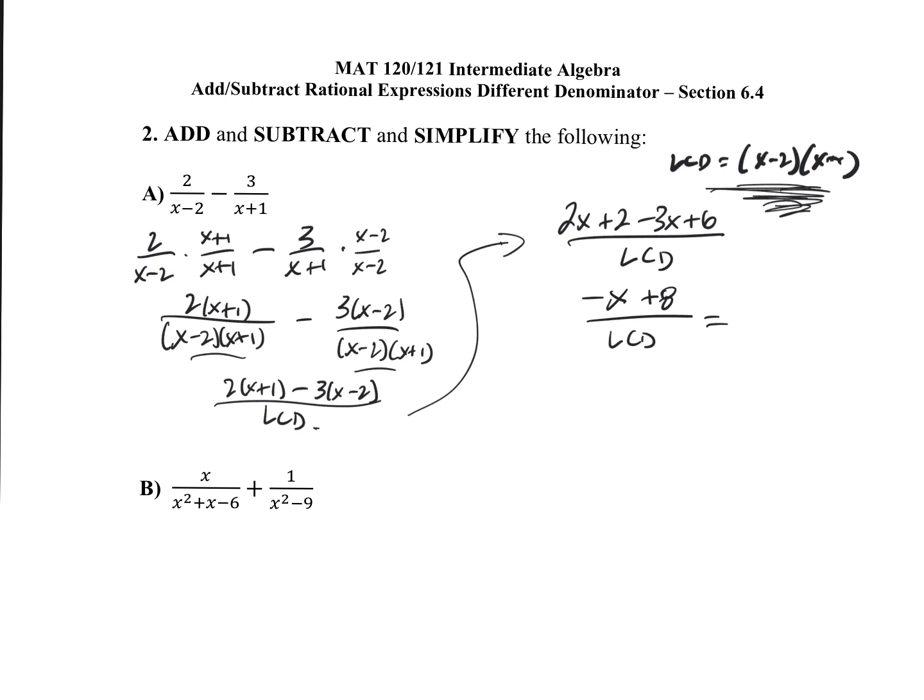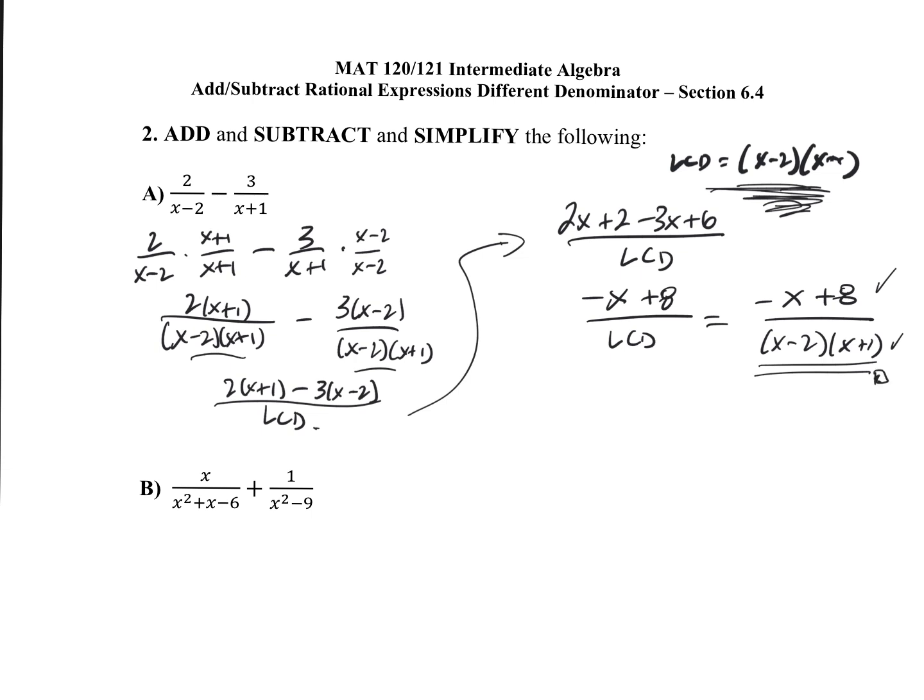So the answer is negative x plus 8 all over x minus 2 and x plus 1. I know that I'm simplified because negative x plus 8 doesn't share any common factors with x minus 2 and x plus 1. So this is our final answer.